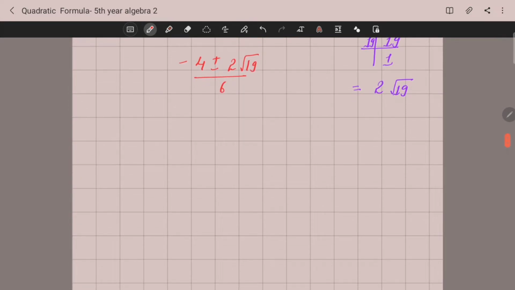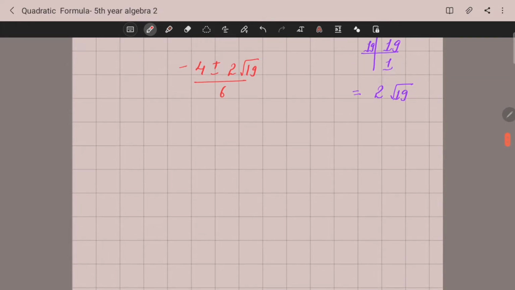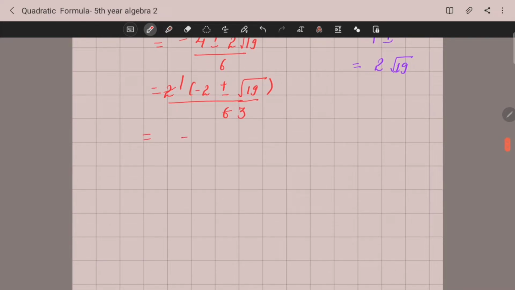Now we can take 2 common from here. If I take 2 common from here, it's minus 2 plus minus root 19 over 6. 2 ones are 2, 2 threes are 6. So we are left with minus 2 plus minus root 19 over 3.